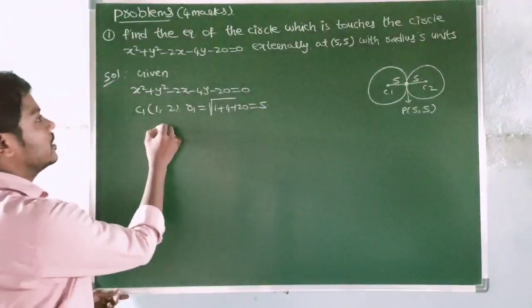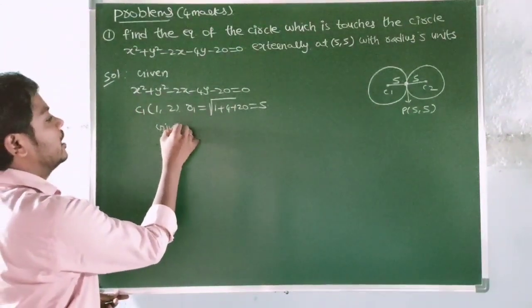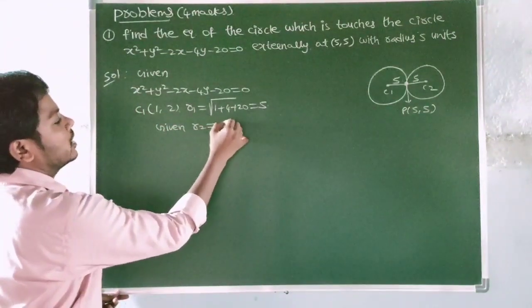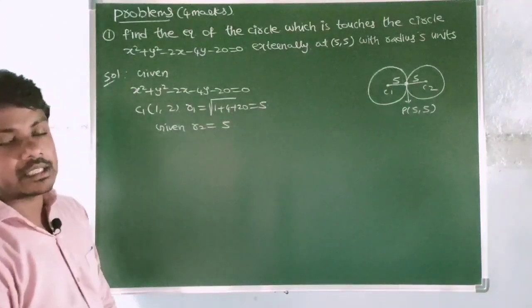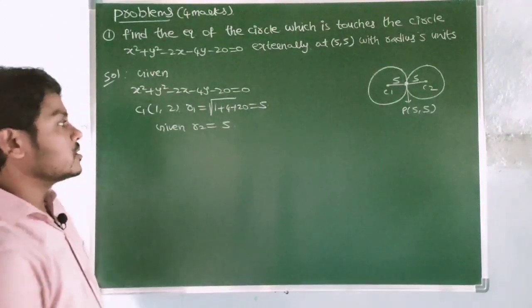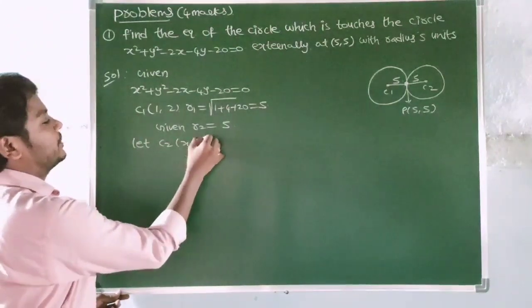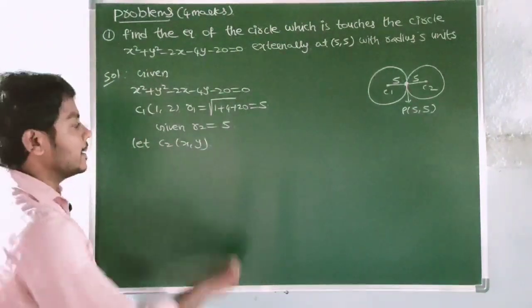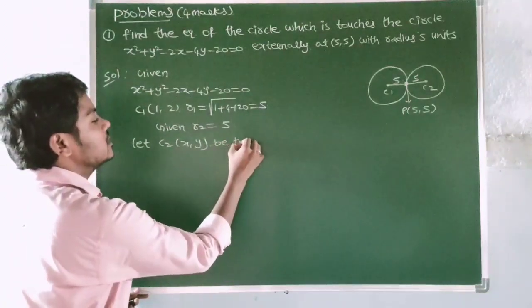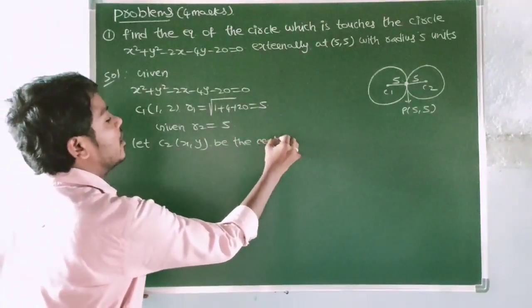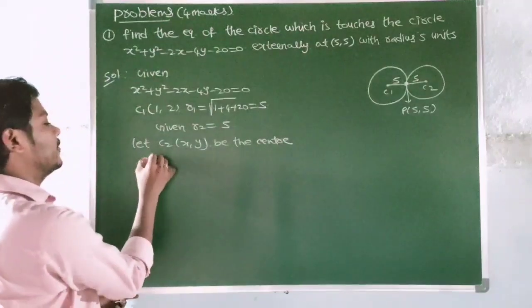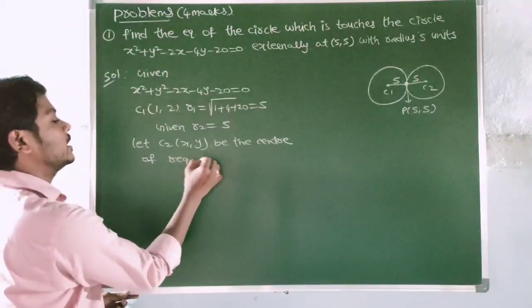So see here, given R2 is 5, that is the radius of the second circle. Let C2 be (x, y), the center of the required circle.